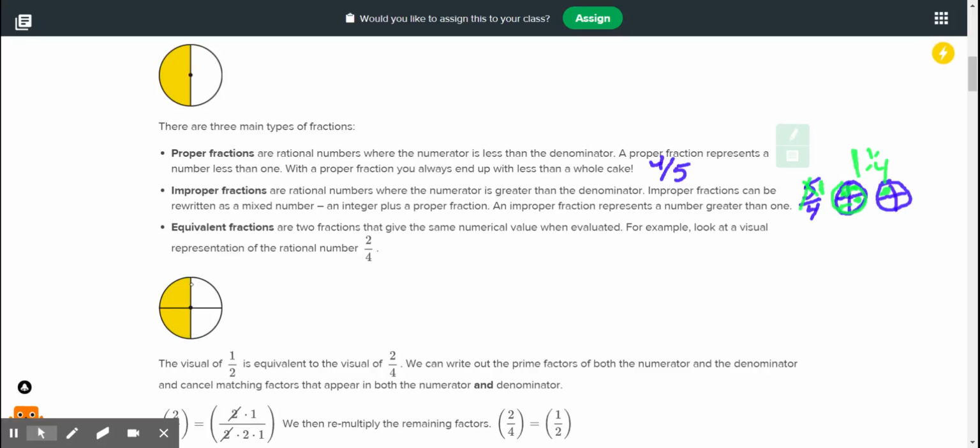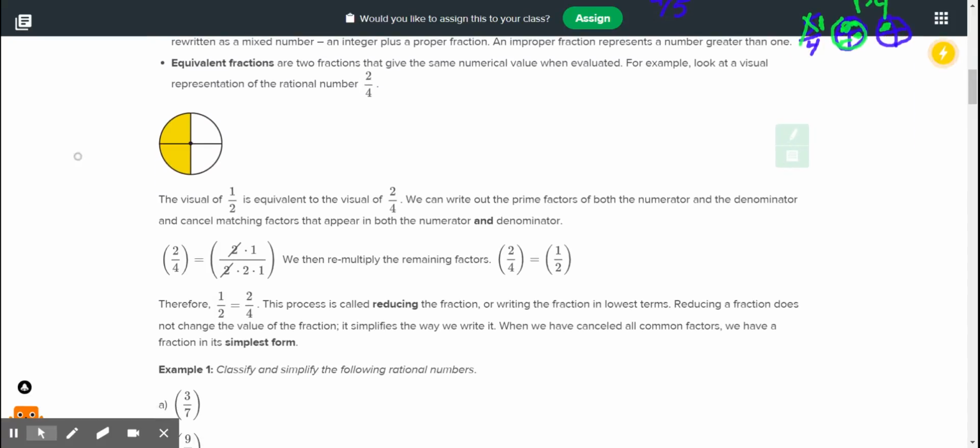Well, if we just slice it right up the middle, we have 1 out of 2 pieces. However, if I cut that piece right along the middle again, I now have 4 pieces, and 2 of the 4 pieces are being shaded. So the visual of 1/2 is equivalent to the visual of 2/4.